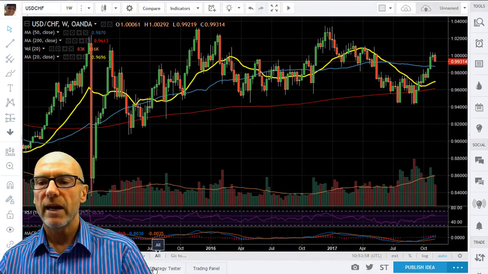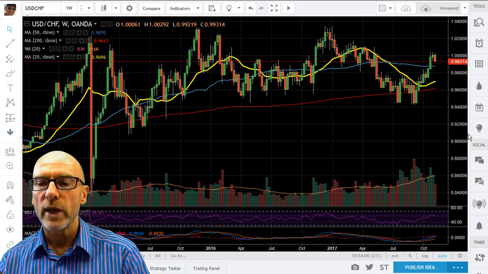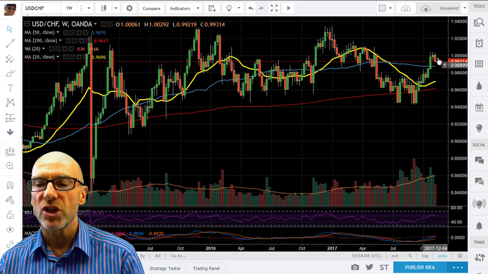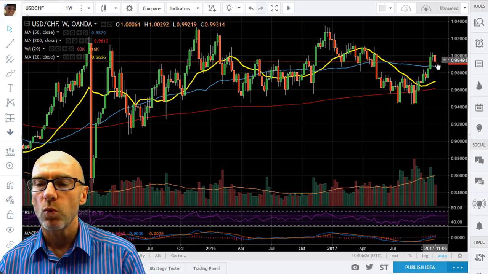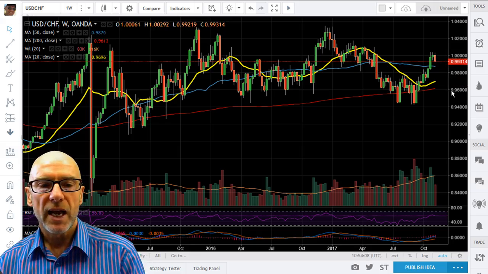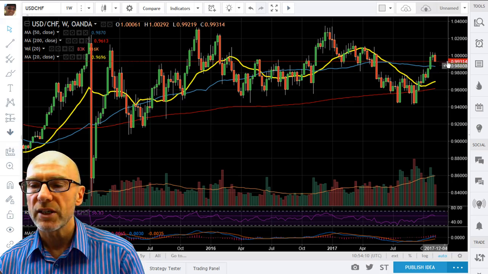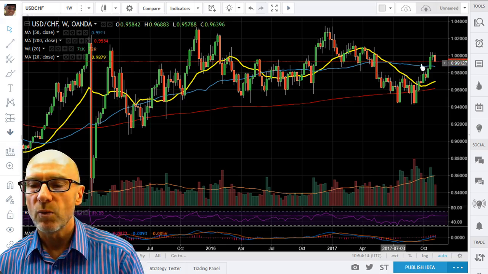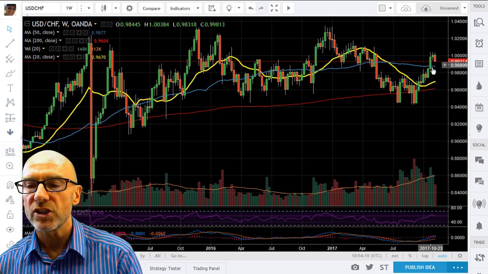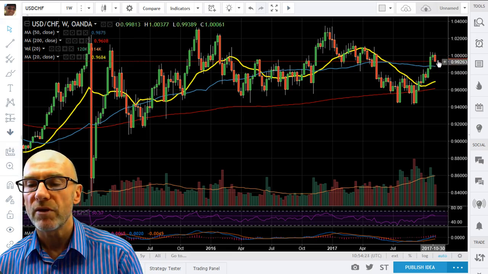So here we have the weekly chart on the dollar against the Swiss franc. Each candle represents 1 week's trade, and overall you can say that it still does favor the dollar. We have moved up towards resistance, but we've moved above the moving averages. The 50 is still moving down, but the 20 is about to come up, and as we are well above the 50, that will start to turn round.